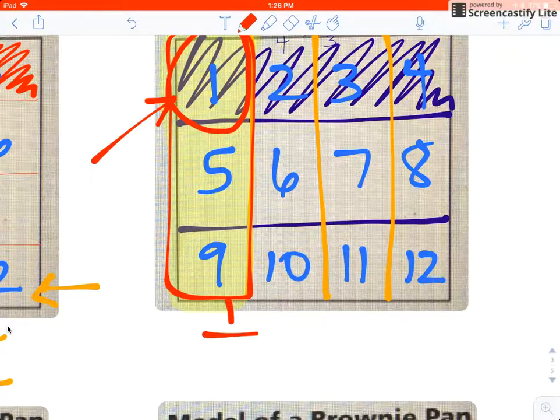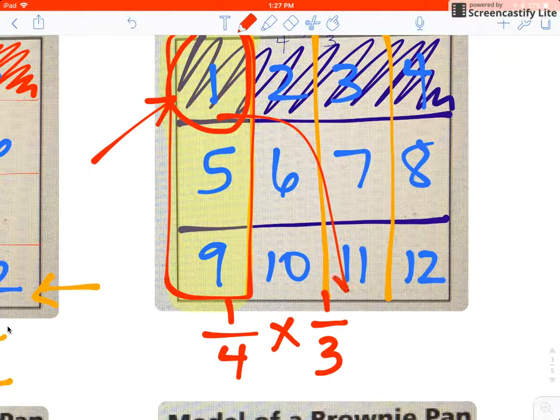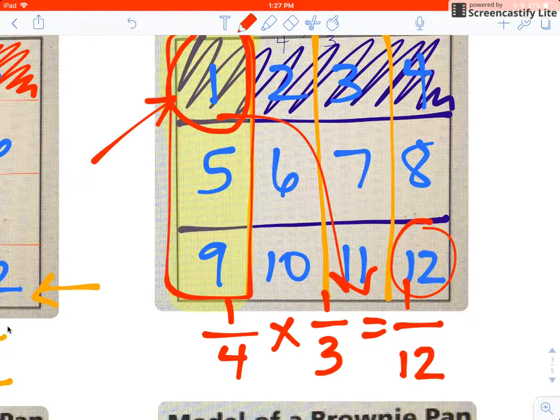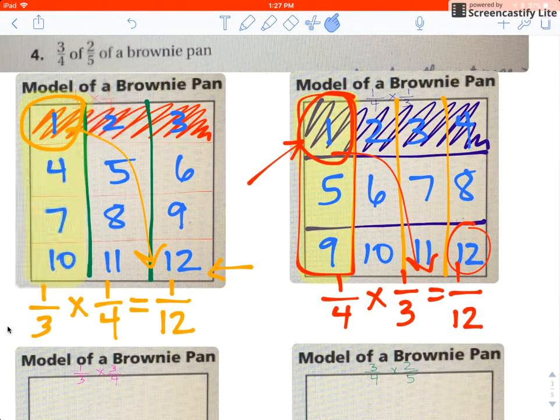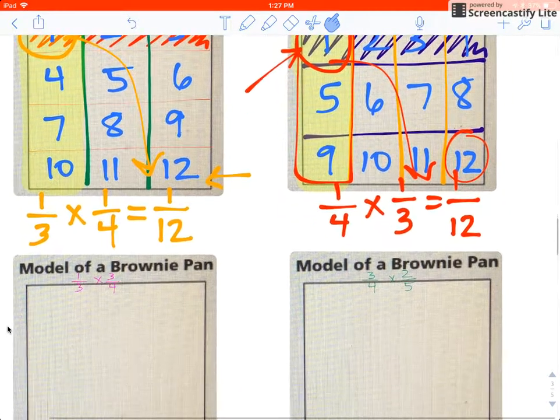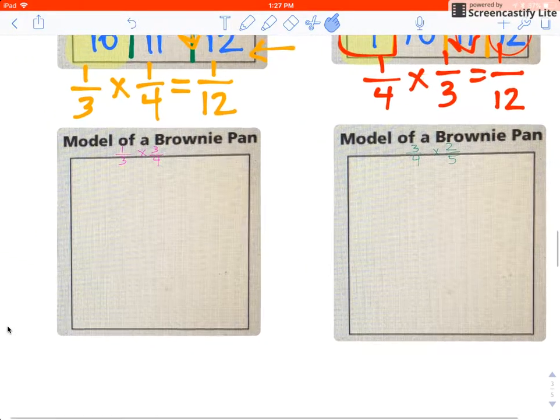And the only section of brownie that's in that 1/4 is that 1 piece. So 1/4 times 1/3 is equal to 1 piece out of our 12 pieces of our brownie pan. So very similar to our first problem. We'll notice that we broke each pan up into 12 and we got 1 piece because really we only switched 1/3 times 1/4 into 1/4 times 1/3.